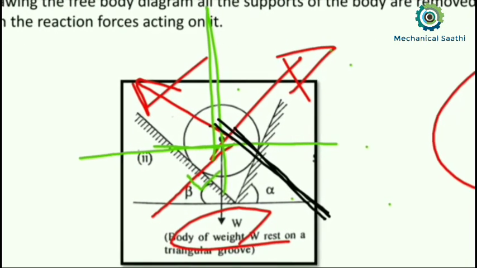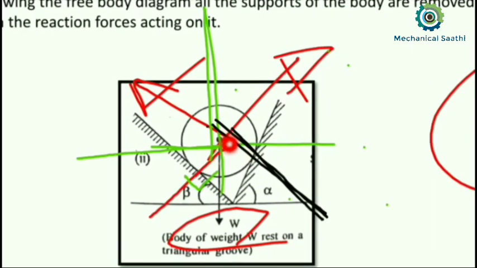After extension this angle is alpha, and this is 90 degrees, so this will be equal to 90 minus alpha. So this angle will also be 90 minus alpha, and so this angle will be equal to alpha. I think it's clear to all of you.